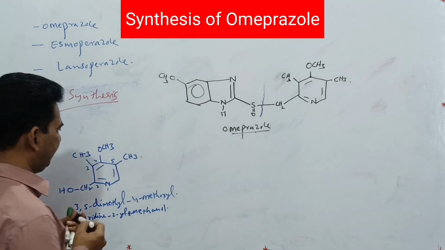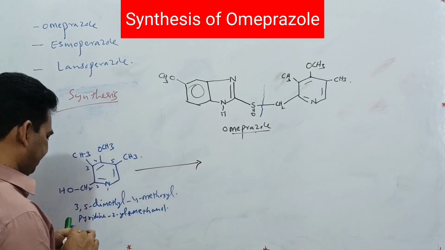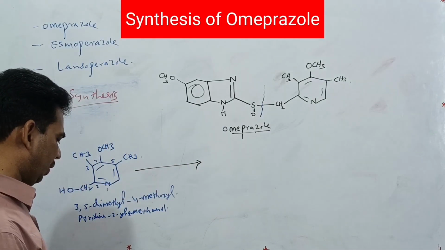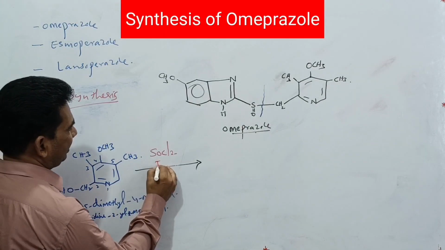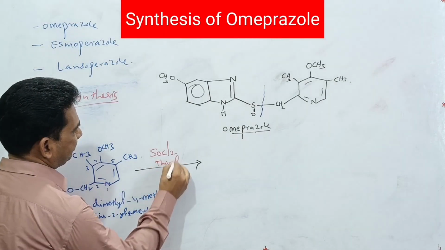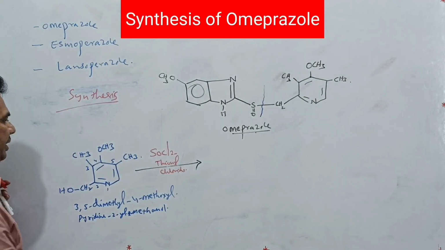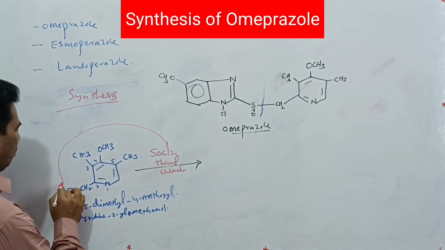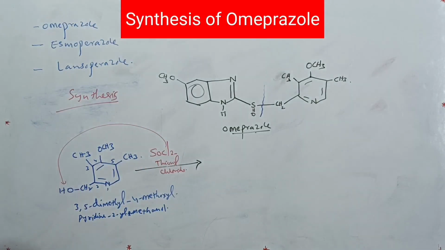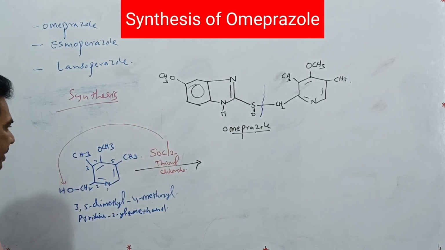Now in the next step, it is going to react with thionyl chloride. This SOCl2 is called thionyl chloride. Always remember what it does: it introduces the chloro group in place of the hydroxy group. Thionyl chloride, remember that.